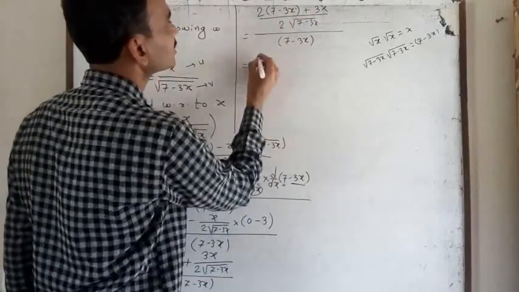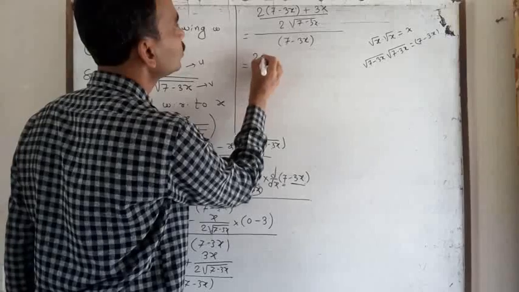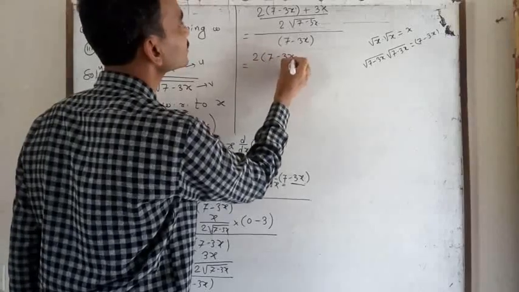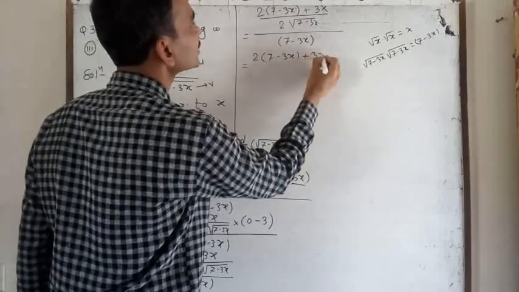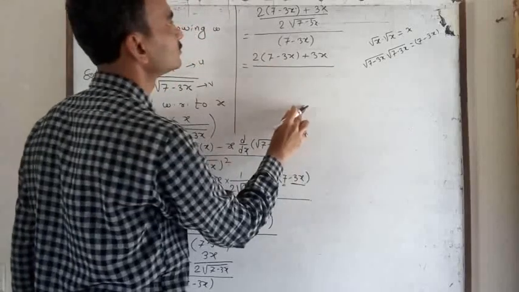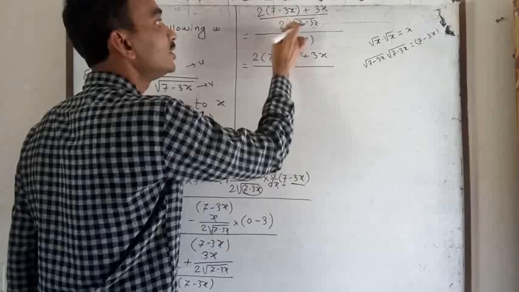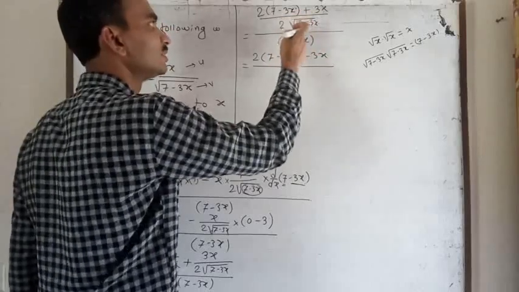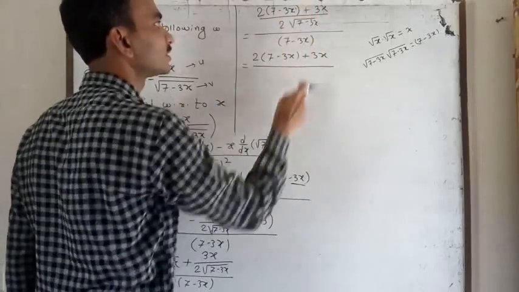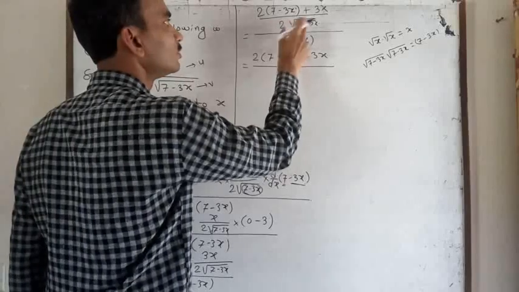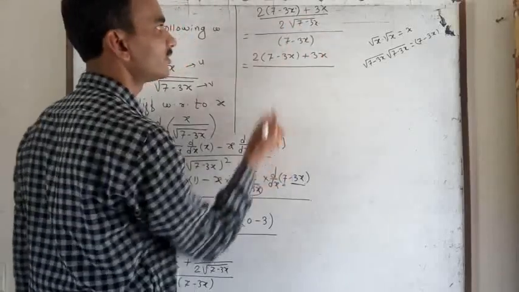After arranging the terms, we get 2 into 7 minus 3x plus 3x upon these terms; the numerator's terms we put in the denominator.